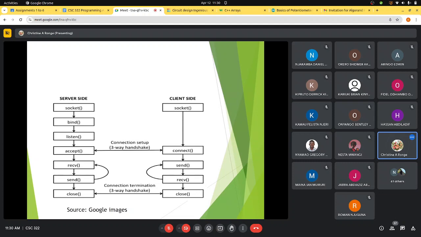So even after they have agreed to terminate the connection, remember that each side cannot be sure that the other one has received. Maybe if this one was the first, it will be sure that the other has received, but this last one is not sure. So they have to wait around.